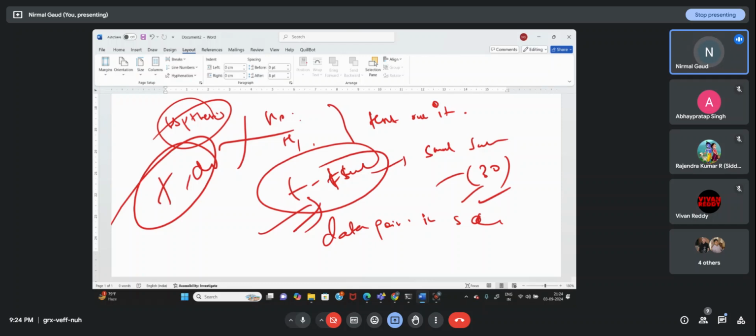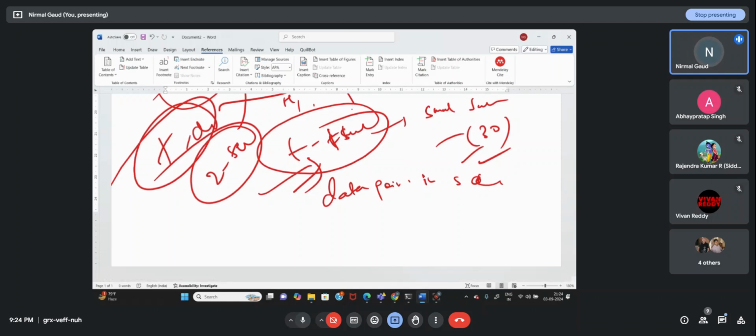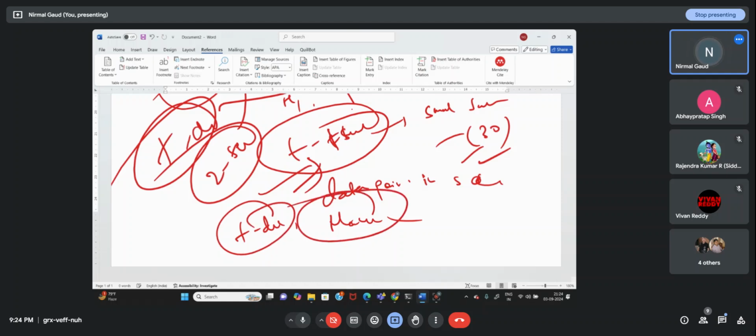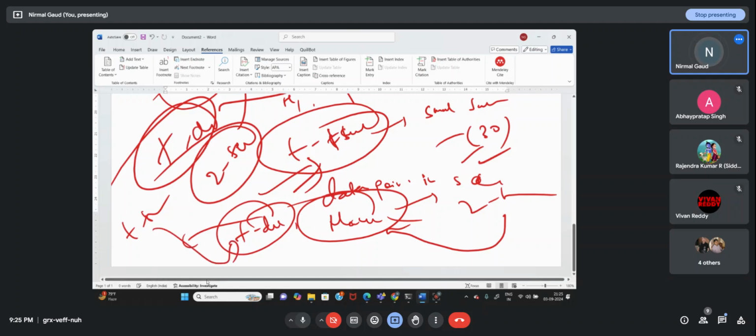But if the sample size increases, it will tend towards the normal. So it will not be t, it will be z. It will be converted into a z test if the sample size increases. Since we are taking two different distributions, t distribution and normal distribution, if you have a small sample then t test, and if you have a big sample then z test, because it tends towards the normal rather than the t distribution.